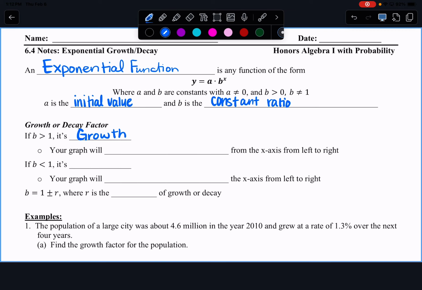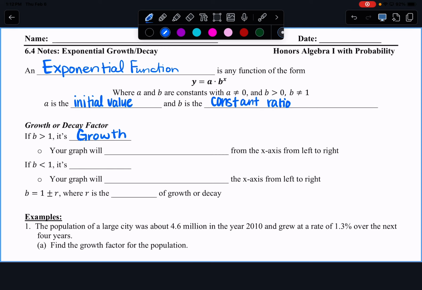If it's a growth function, your graph will grow away from the x-axis as it goes from left to right. To the side over here, we're going to sketch it. You put your little x-axis, and then put your graph on there.